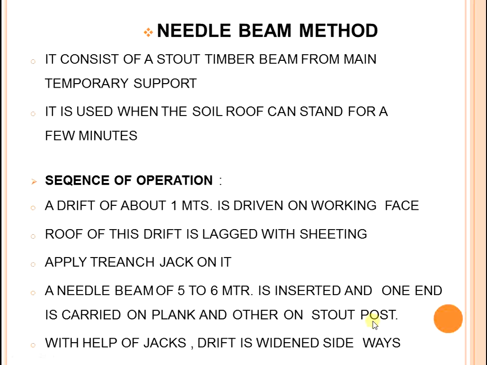One end of the needle beam is supported with the plank, which is a wooden horizontal member, and the other end is supported with the stout post, the vertical supporting member. With the help of jacks, the drift is widened sideways.